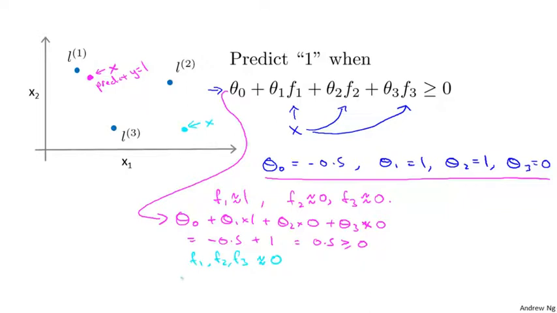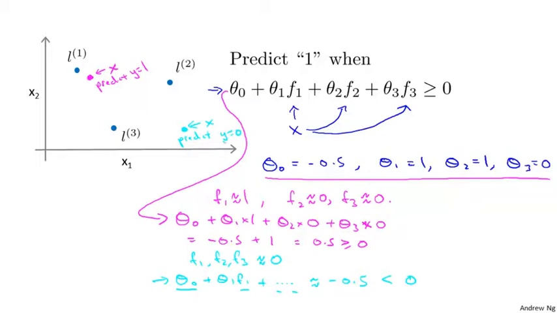And so we have theta 0 plus theta 1 f1 plus so on, which will be about equal to minus 0.5, because theta 0 is minus 0.5, and then f1, f2, f3 are all 0. So this will be minus 0.5, which is less than 0, and so at this point out there, we're going to predict y equals 0.